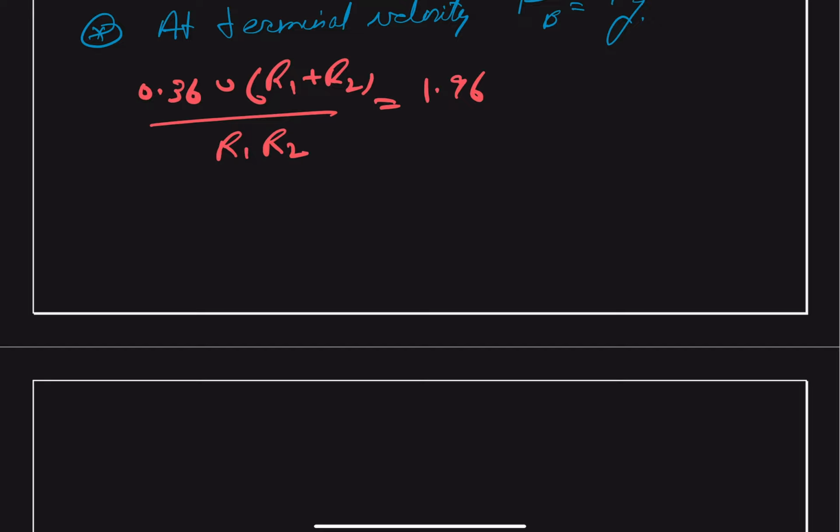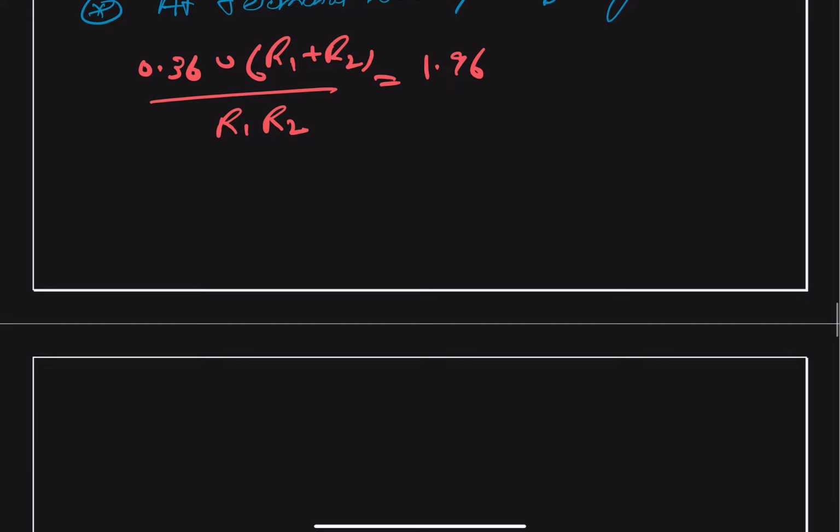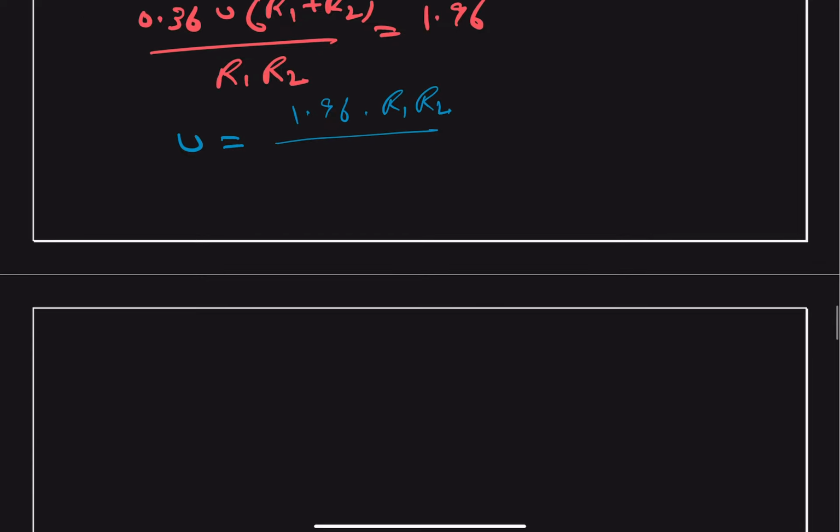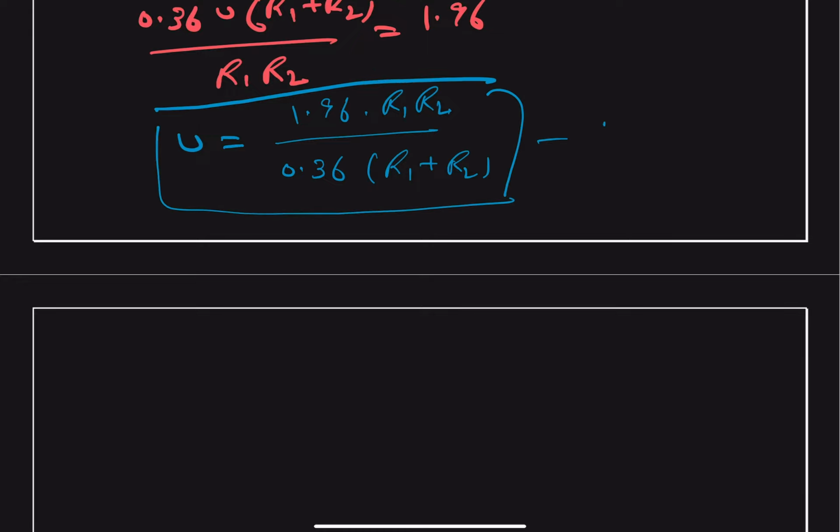From here we can write that our velocity V will be equal to 1.96 R1 R2 divided by 0.36 times R1 plus R2. Let us call this equation number 1.